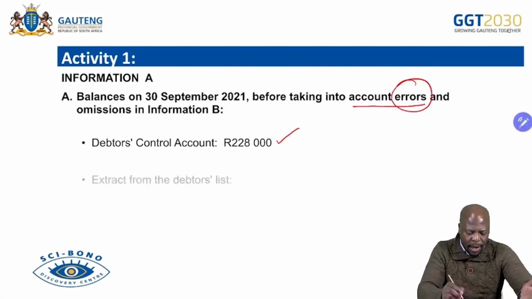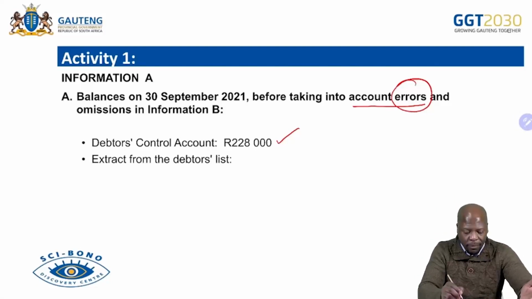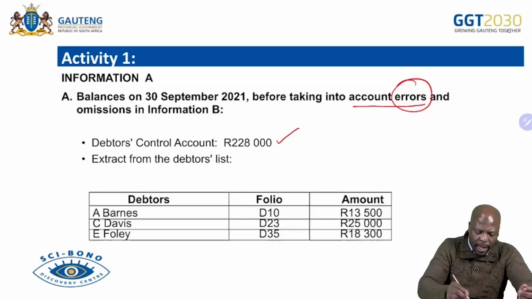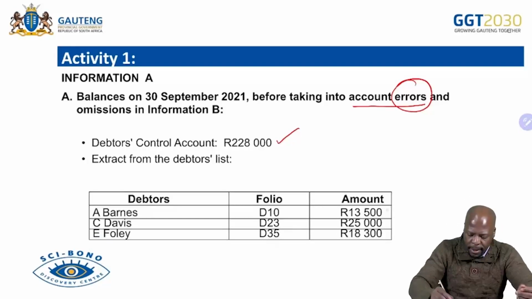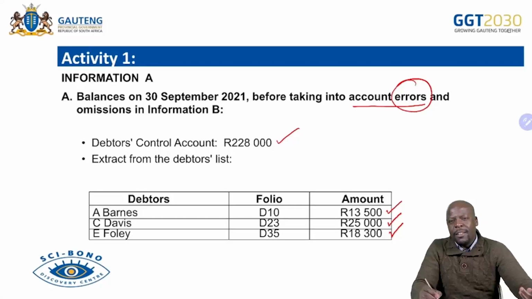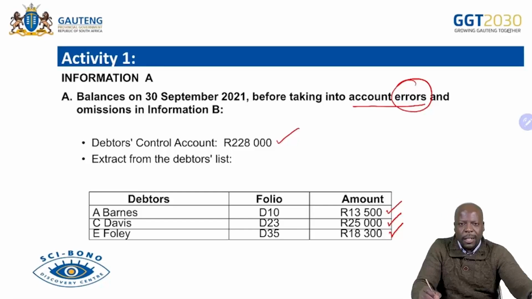Let's see what they say about the list. The extract from the debtors list shows, number 1, Mr. A. Barnes is 13.5, Mr. C. Davis, it is 25,000, and lastly, Ms. E. Foley is 18.3. So they are giving us our starting ground.